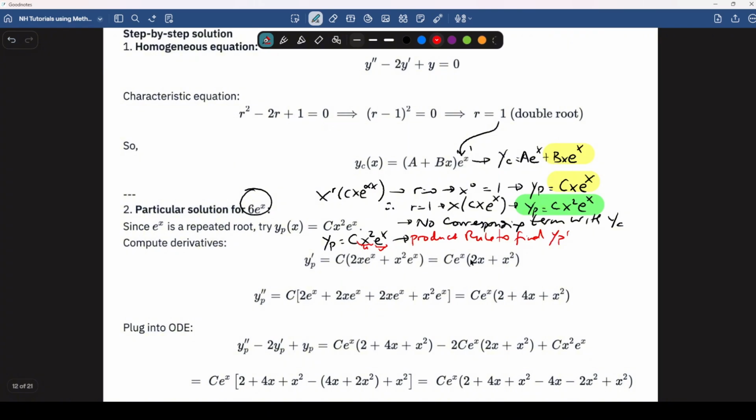Taking out the common factor, e to the power of x, we have c times e to the power of x times (2x plus x squared). That is our first derivative. We can highlight this with a different color because we will need it. Let's put the color as our yp single prime.